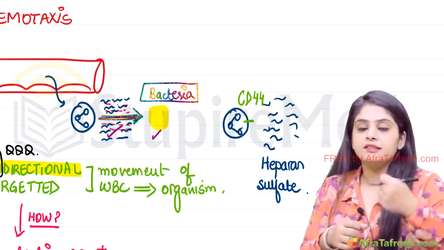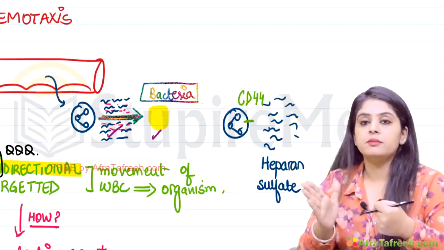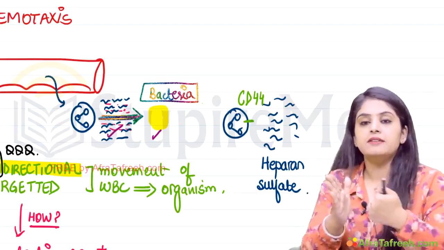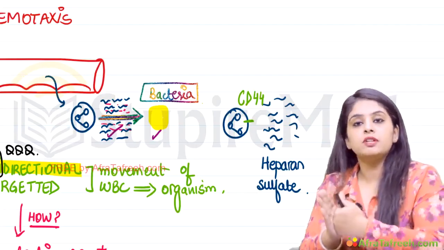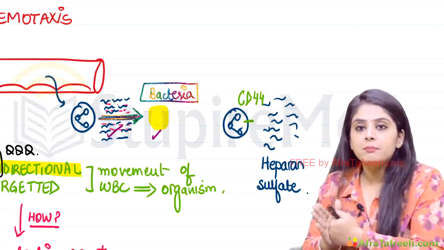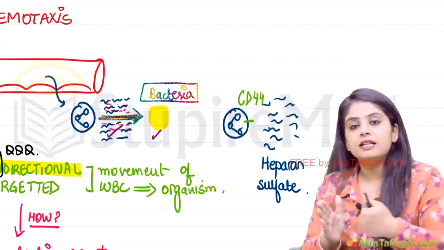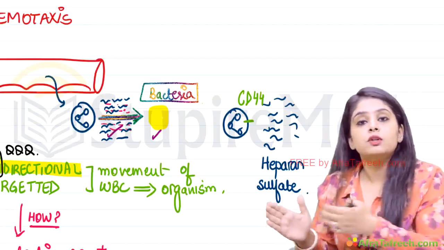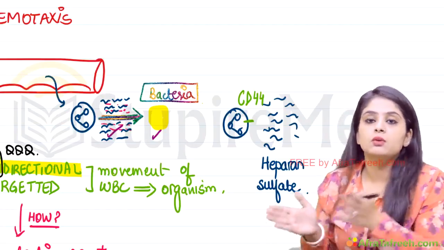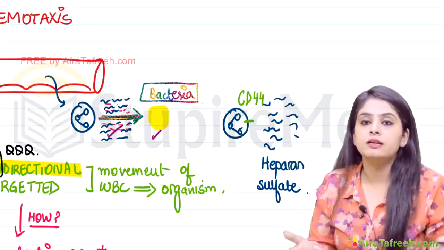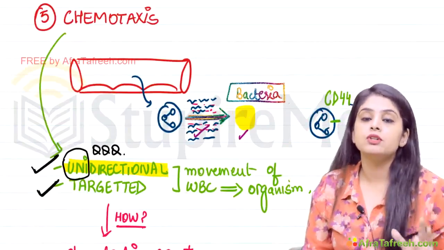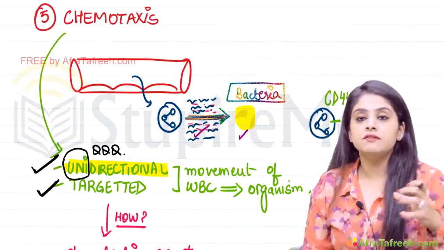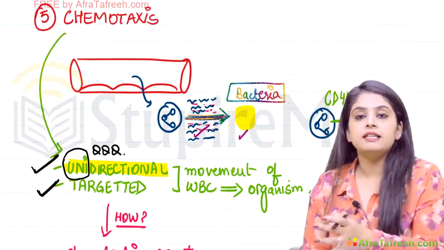So the WBC has CD44, the extracellular matrix has heparan sulfate, they will bind. As it keeps binding, the WBC keeps on releasing its enzyme, that is MMPs or collagenase, and keeps moving forward. Forward towards whom? To the bacteria. What do you call that? We call that chemotaxis.